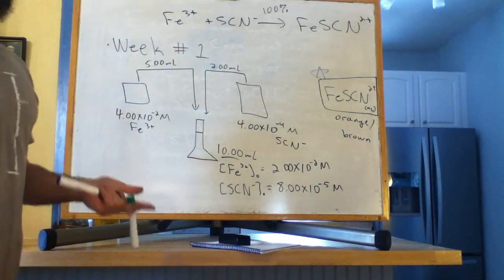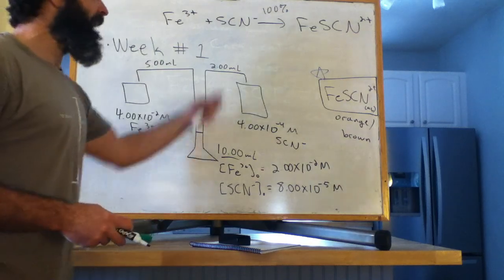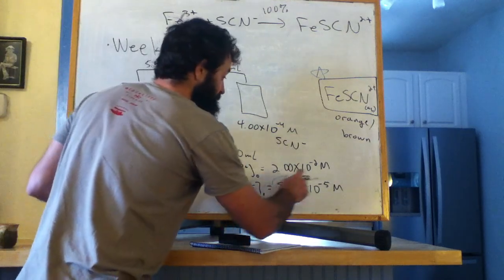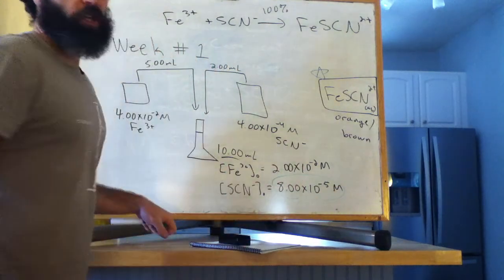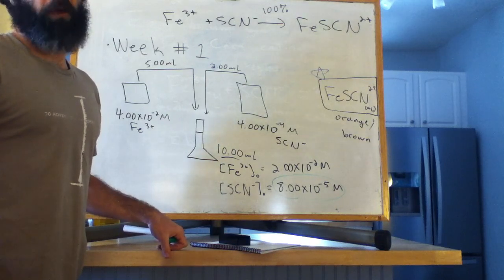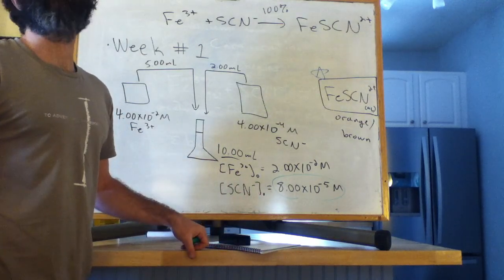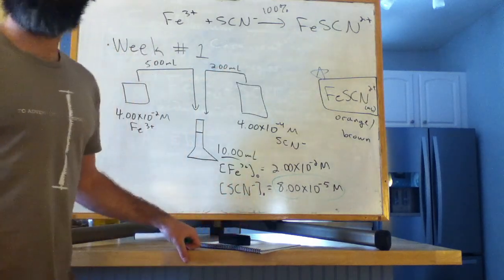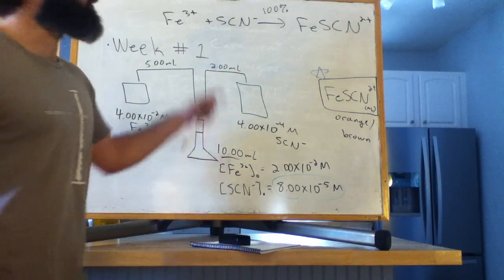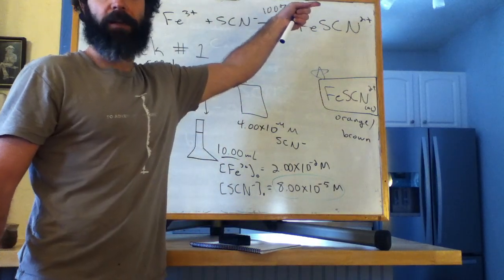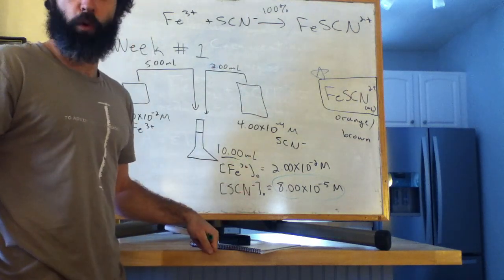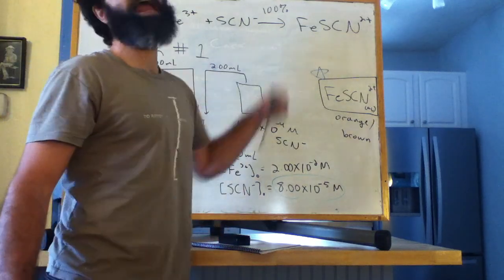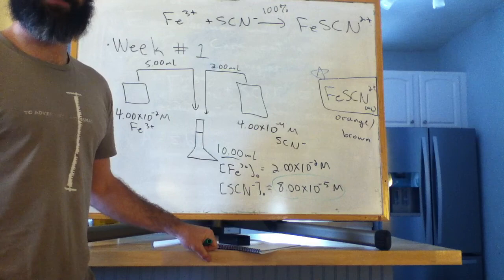Okay, so what can we use this to figure out? Well, this now essentially becomes a limiting reactant problem, where our SCN minus is much smaller concentration than our iron. So we can assume the following, that all of the SCN minus reacts to produce our product. So what can we say in this assumption, assuming 100% of the limiting reactant reacts? Well, 100% of our SCN minus will react, so the concentration of this iron thiocyanate complex should be the same as the concentration of the SCN minus.